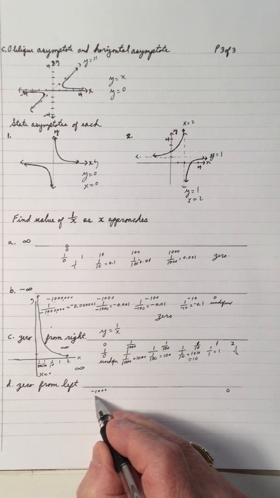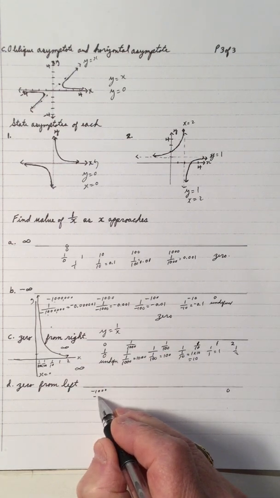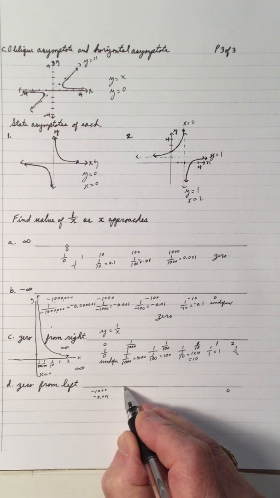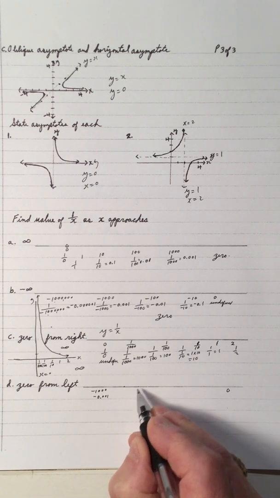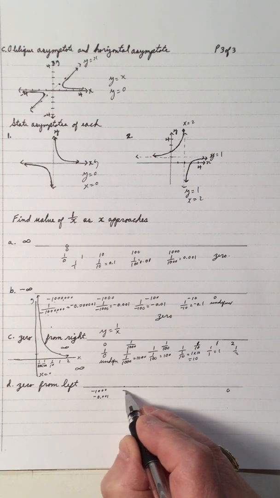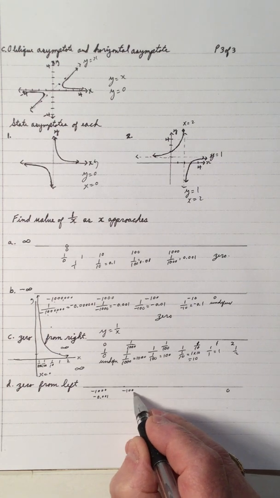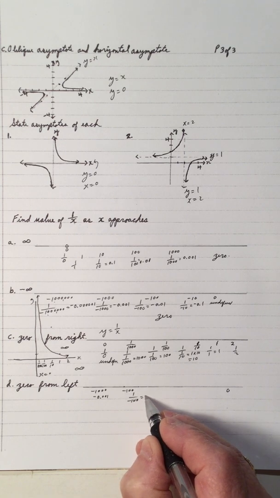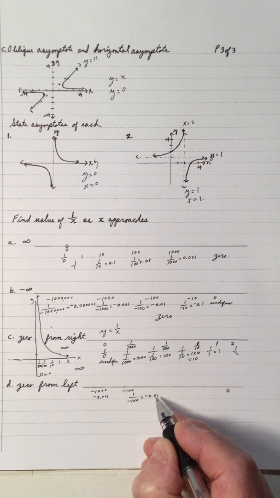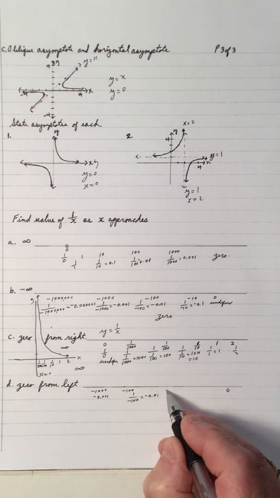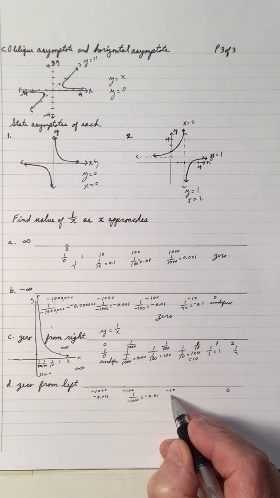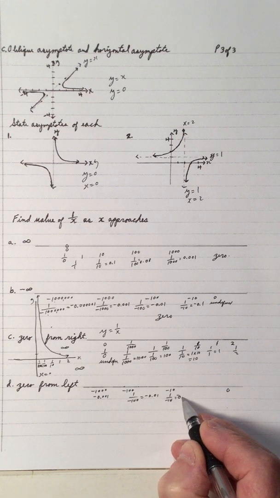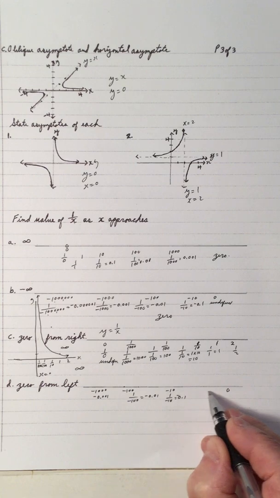It's decimal 0.001. As you approach, let's say, negative 100, that's 1 over negative 100, which is negative 0.01. And as you approach negative 10, you get 1 over negative 10, which is negative 0.1. And we're coming in closer.